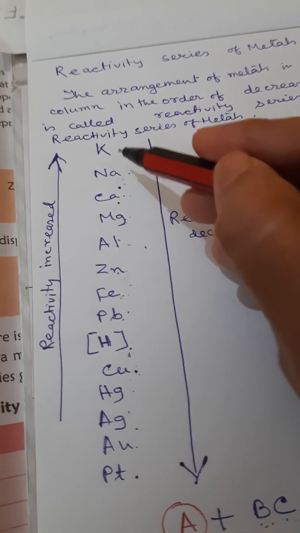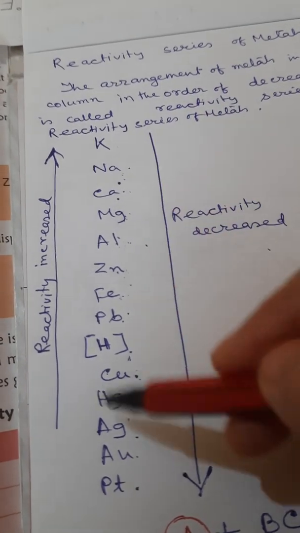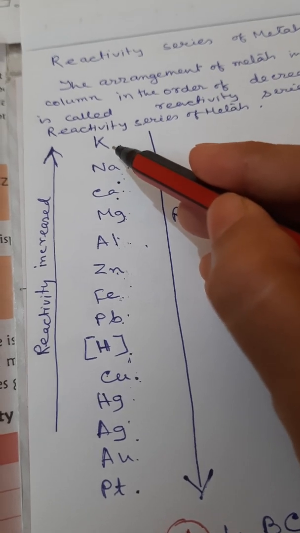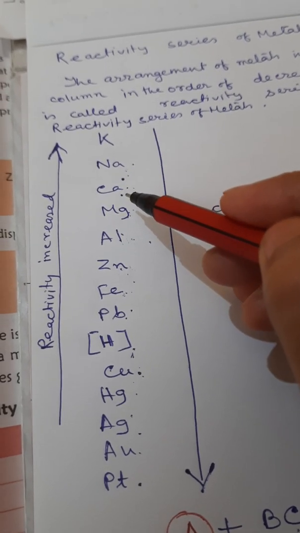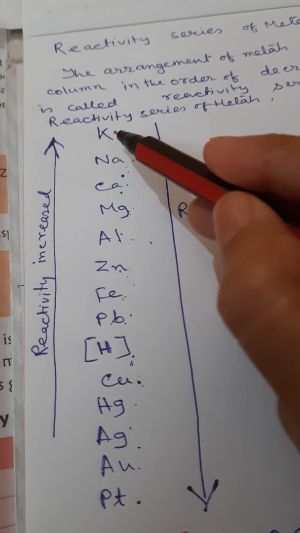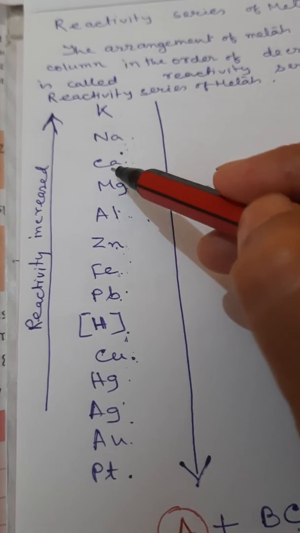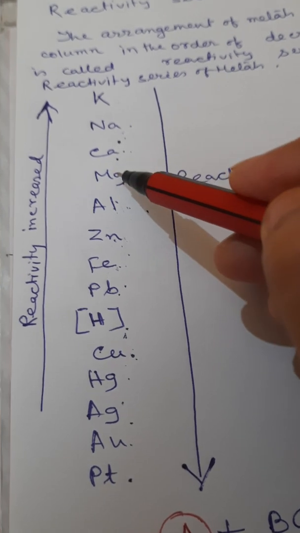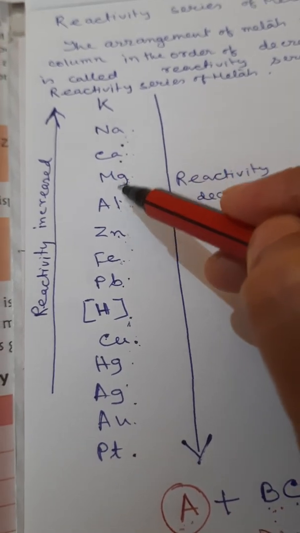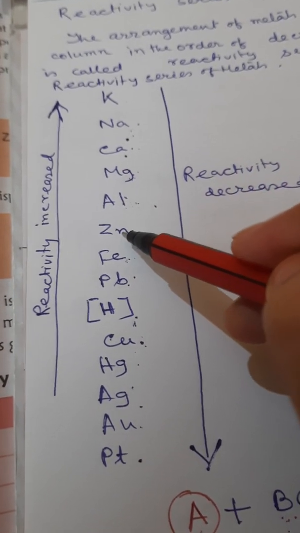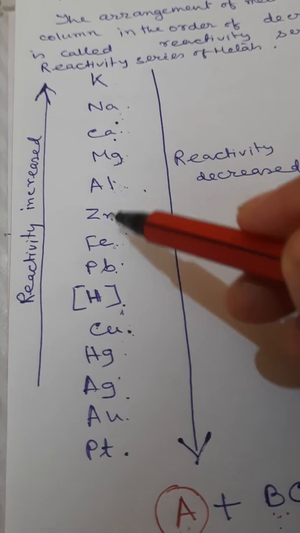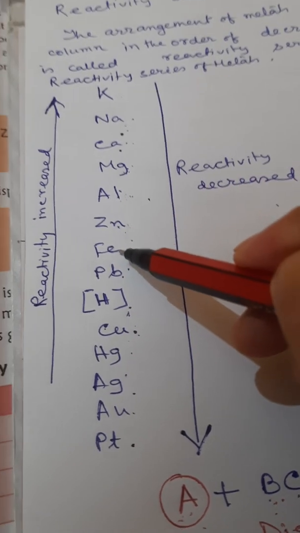So if we move from upwards to downwards in this series, the reactivity of metals gradually decreases. That means potassium is more reactive than sodium, sodium is more reactive than calcium, calcium is more reactive than magnesium, aluminium is more reactive than zinc, and aluminium is more reactive than iron, in this way.